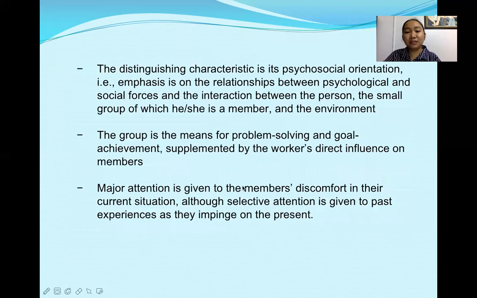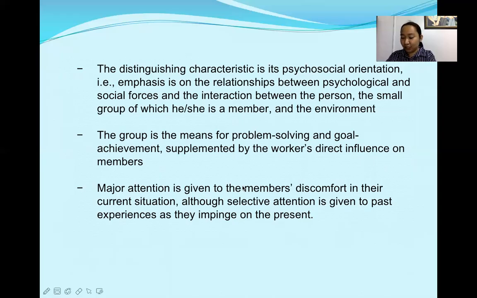And what would distinguish it from the other type of approaches is the way that it looks into the importance of ensuring that the type of intervention that we are giving are actually applying the participation of the different groups, their members, and the environment.